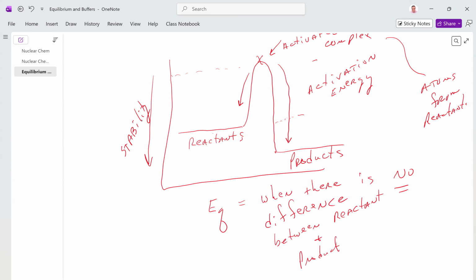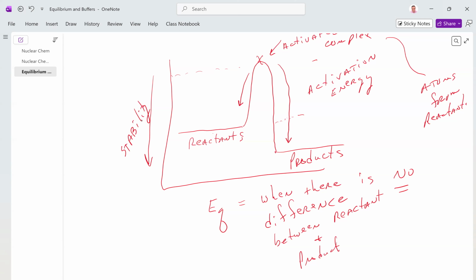Now, what do we mean by that? Okay, so we first throw two things together, and immediately, assuming it's like a double replacement reaction, for example, we throw two things together, and all of a sudden we get a white precipitate. So that's the initial time zero. After a while, we keep having this happen.